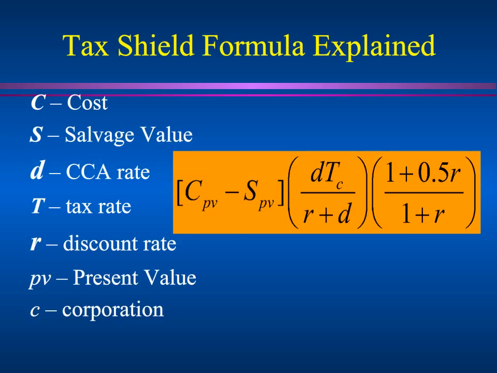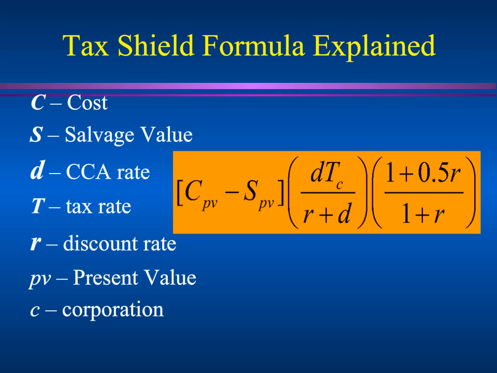Okay, here are all the definitions for the tax shield calculation. We've got the cost of the thing, we've got the salvage value, so that kind of nets out the cost. The cost minus the salvage value times the CCA rate. On a vehicle, for instance, the amortization or depreciation rate is around 30 or 40%, depending on the use of the vehicle.